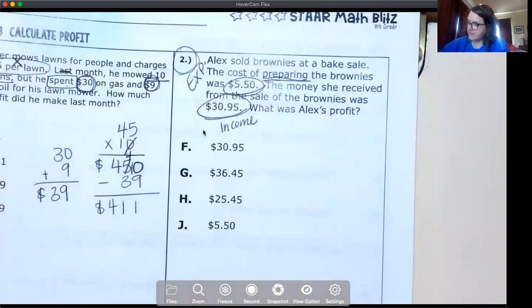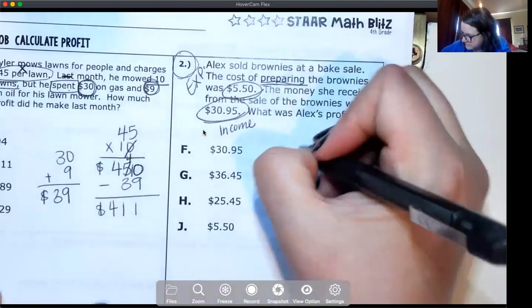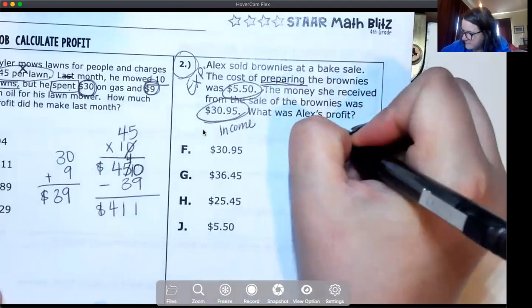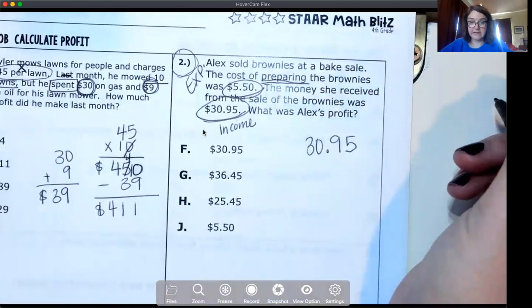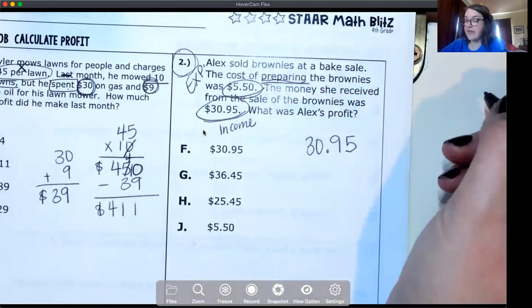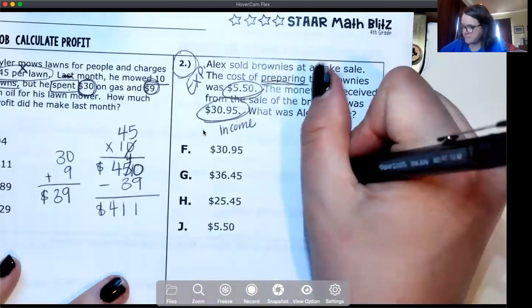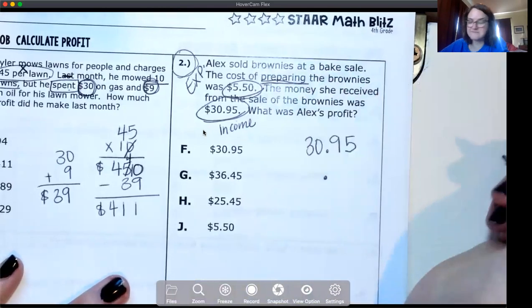So we're just going to take 30.95, and we've got to make sure when we're subtracting decimals that we're lining up that decimal point. So I'm just going to put it there first, and then it's 5.50.